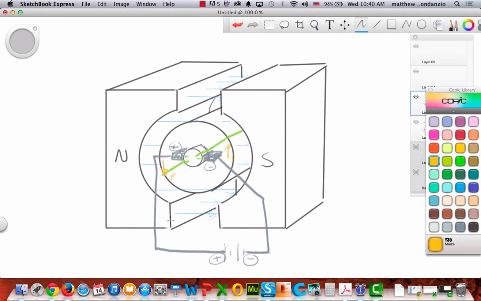There's my force, right? Your force is going down on one side, and this side's going up. So I'm creating a torque, a twist, and we'll talk about torque in a second. So I'm trying to make it rotate what direction? Counterclockwise.